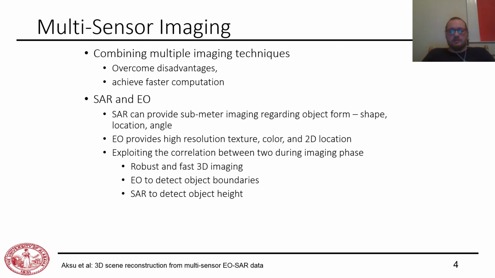Exploiting correlation between these two during the imaging phase can allow robust and fast 3D imaging, achieved by using the electro-optical image to detect object boundaries and synthetic aperture radar to detect object height.